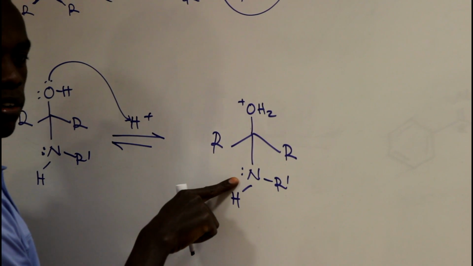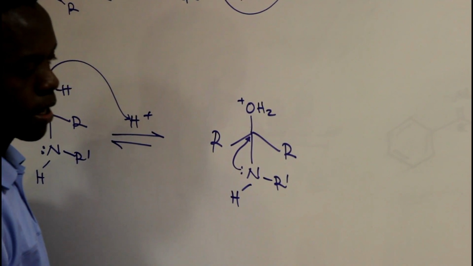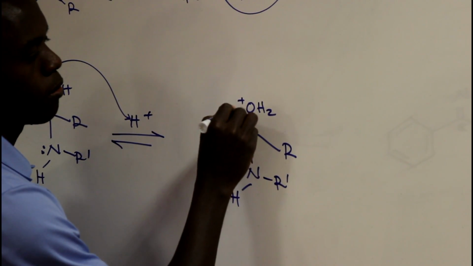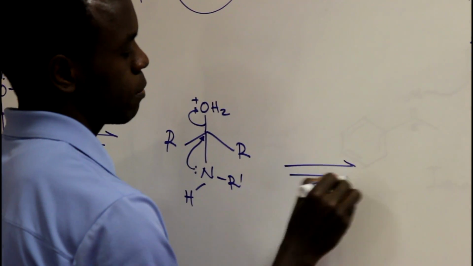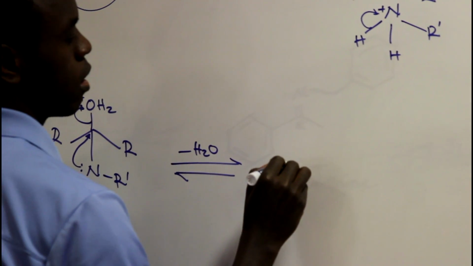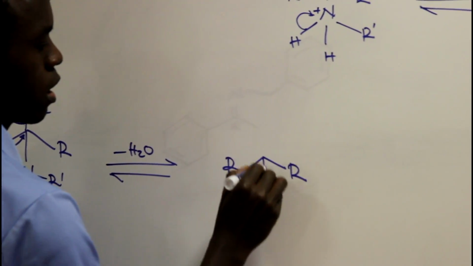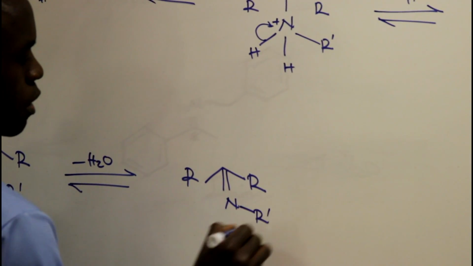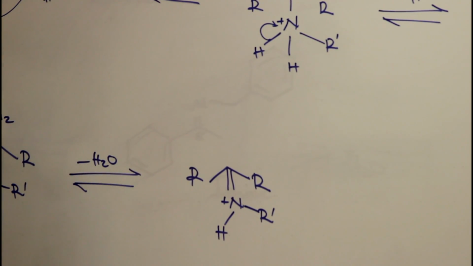The lone pairs bind to that carbon, and by binding to that carbon, this bond is broken to lose the water. In this step we're losing water to form R, R, double bond, nitrogen, R prime, and hydrogen. That becomes positively charged once more.